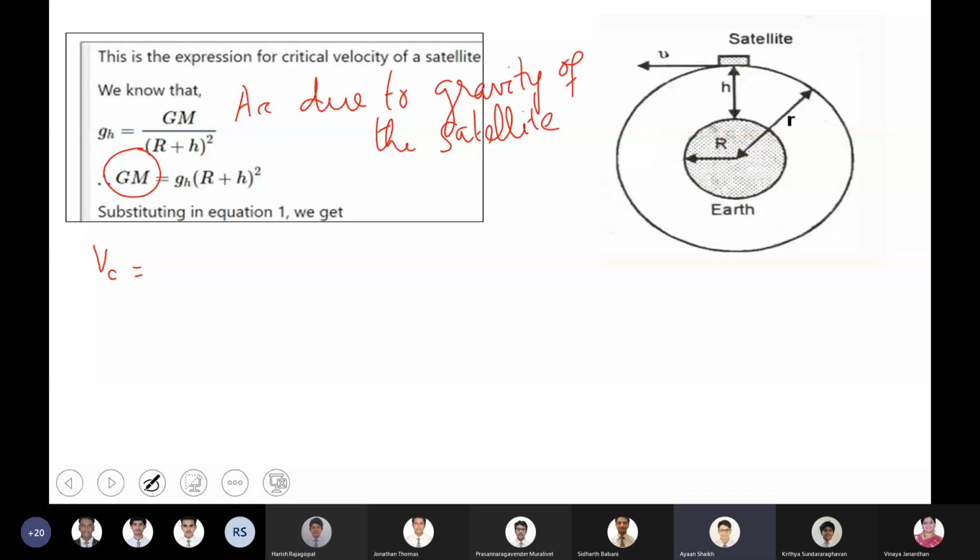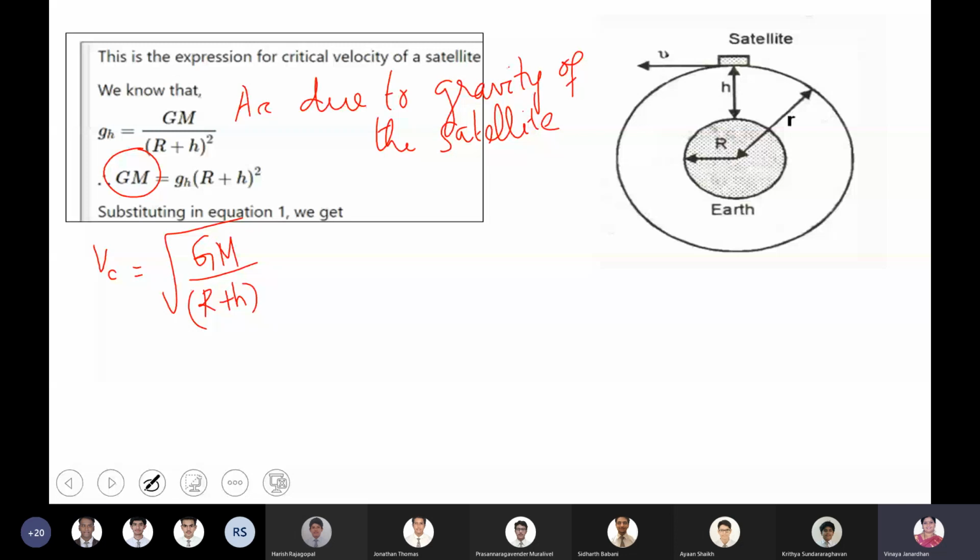Ma'am, could you show equation 1? Okay, what was Vc, boys? Was it GM divided by R plus h? Just check others, those who have completed. Can you find? Yes, ma'am, I got the value.